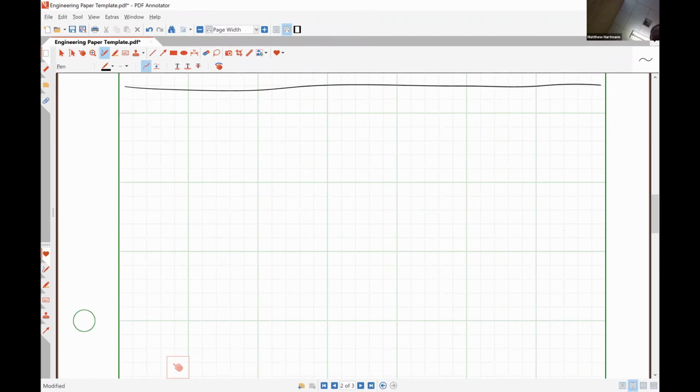So this should largely be a review, but let's talk about things just a little bit. What I am trying to draw here is a standard receptacle that's used in the United States.